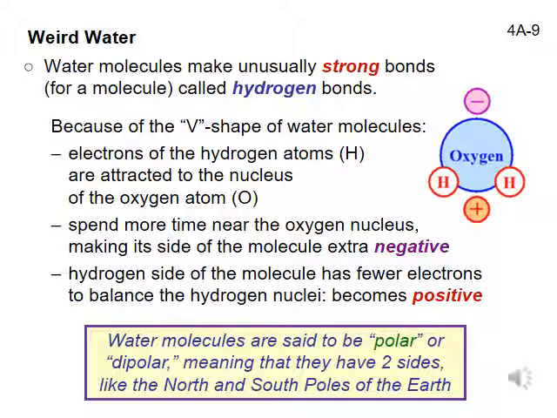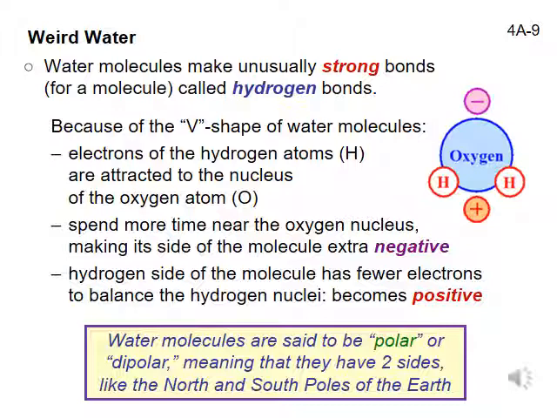As a result, the water molecule has a positive, plus, side and a negative, minus, side, negative by the oxygen nucleus where there are extra electrons, and positive by the hydrogen nuclei, where there is a lack of electrons to balance out the nuclei's positive charge.